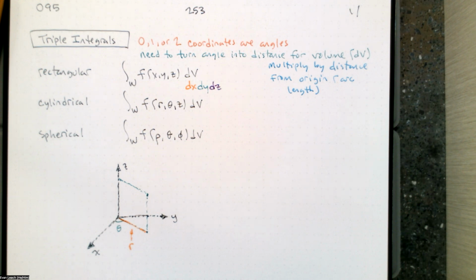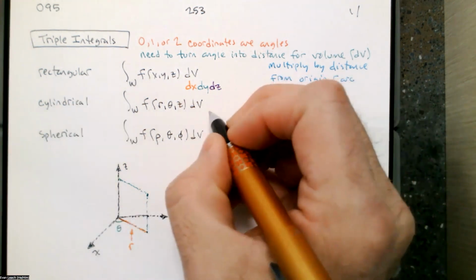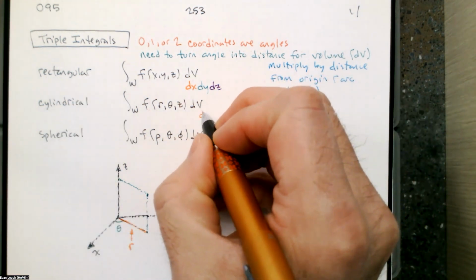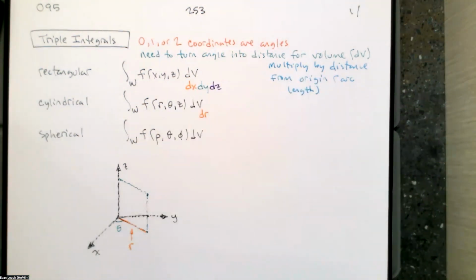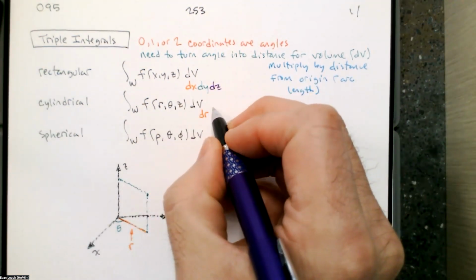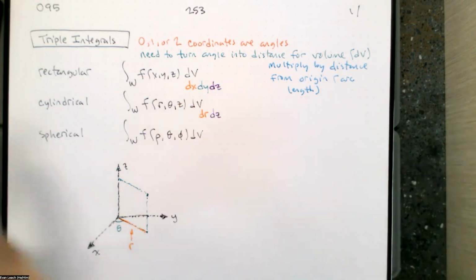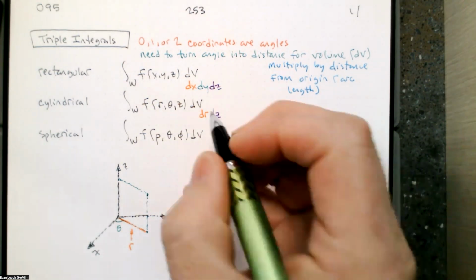So our dV in cylindrical coordinates: dr is a distance, and dz is a distance, but d theta is not a distance.